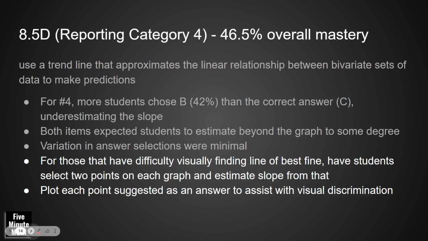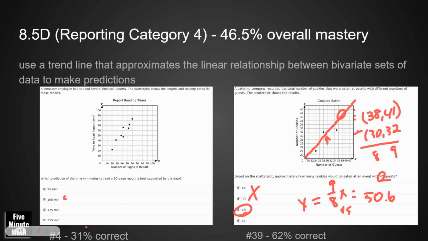All right, so what does this mean for us? On number 4, we had more students choose B, 42%, than the correct answer of C. The correct answer, C, only had 31%.